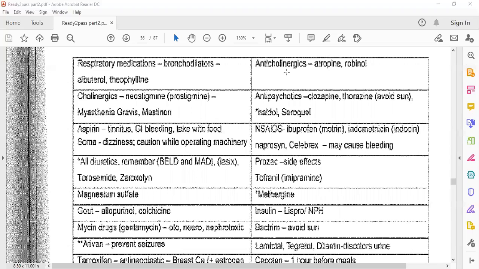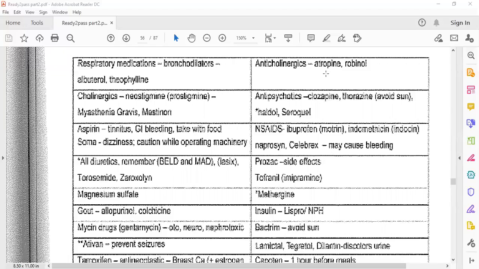COPD, meaning chronic obstructive pulmonary disease. Even atropine, we use in certain types of poisoning, right? So not only atropine, there are also other drugs, but most commonly we use atropine.